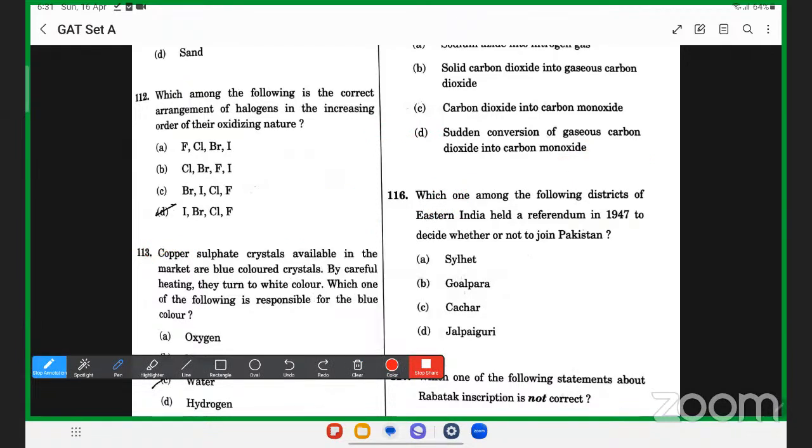Now, the oxidizing nature in the periodic table: if you go from top to bottom, oxidizing nature decreases, and we have the elements like F, Cl, Br, I. So top to bottom oxidizing nature decreases, which means I will be the least oxidizing, and we have to write increasing order. So the right order will be I, Br, Cl, and F. So option D will be right.